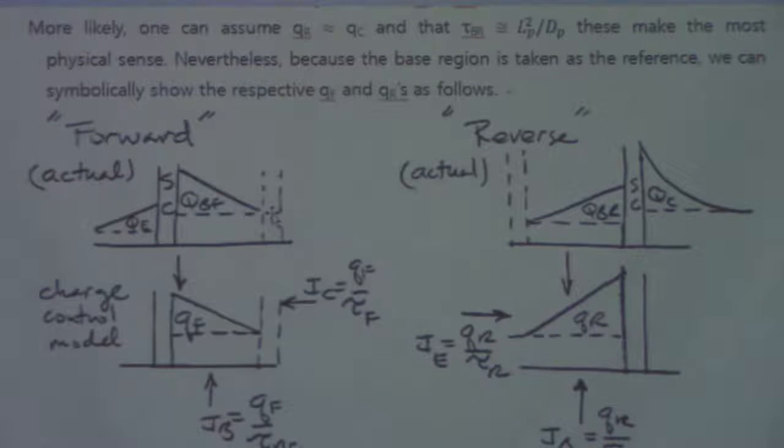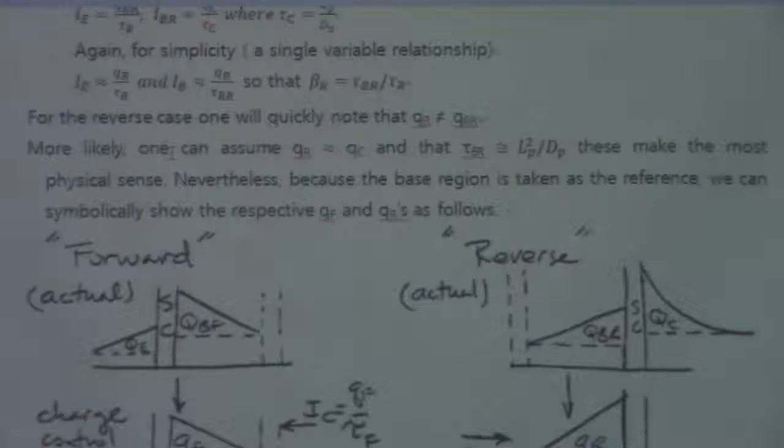If you find the relationship between tau F and tau BF, tau BF is related to the gain and tau F in this fashion.